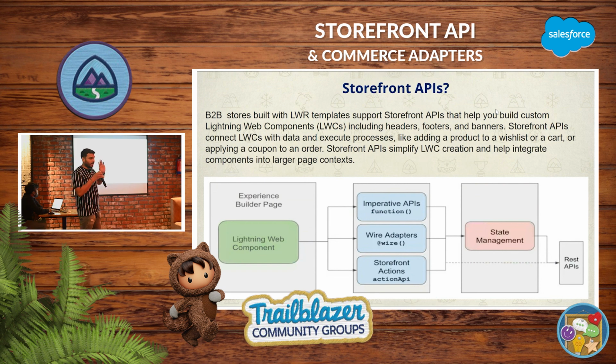Let's suppose I want to add a product to a cart, but I want to do this as a customized part. I do not want to use any pre-built functionality. So how are we going to use a storefront API and what will be the use of it? Let's suppose I created one input field and one button to place an order or to add to cart.